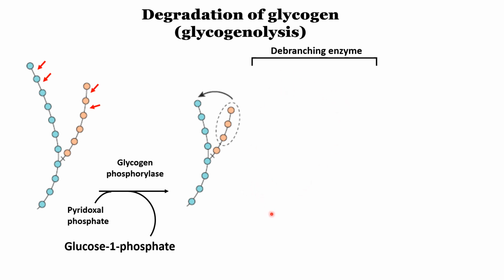Debranching enzyme هو عبارة عن single polypeptide chain that has 2 catalytic sites. These catalytic sites, one of them called the glucan transferase.